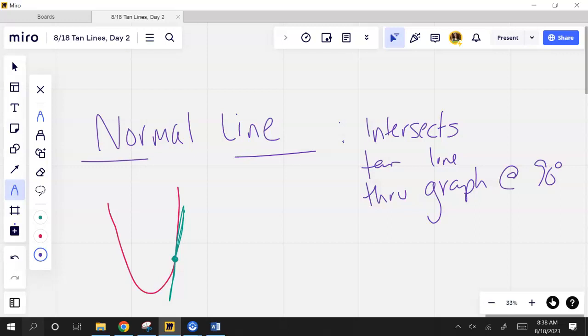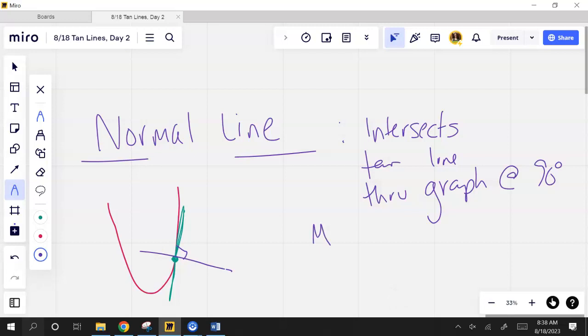The normal line is going to go through that same point of tangency, but the difference is instead of skirting through at 1 point like that, it's going to be perpendicular like this. Perpendicular to the tan line. Which tells me what about slopes? Now you got to go back to algebra. So that's exactly right.